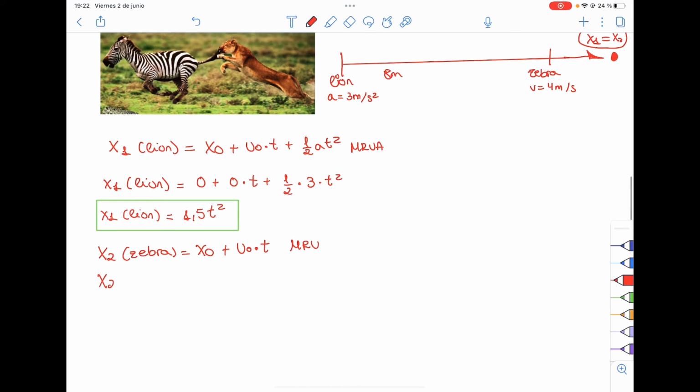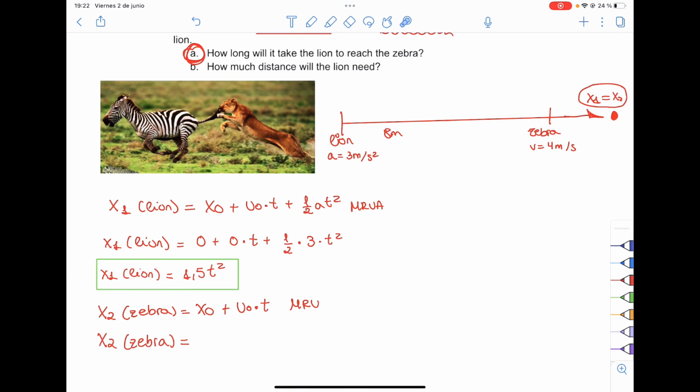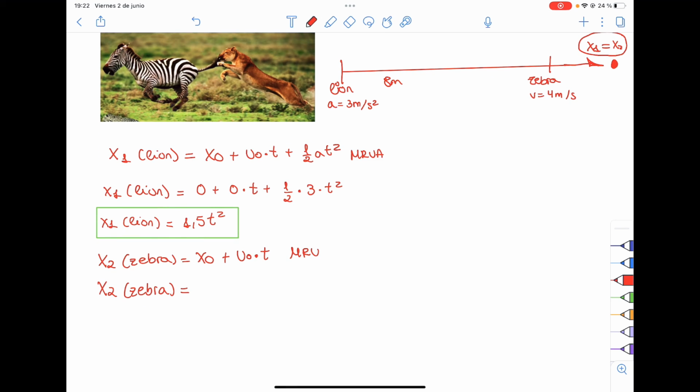So for the zebra, how much is the initial position? In this case, it's not 0 because 0 was for the lion, but the zebra is 8 meters away. So the initial position of the zebra is 8 plus how much is the velocity of the zebra? 4. And again, I don't know the time. So this is the formula that I have for the final distance of the zebra.